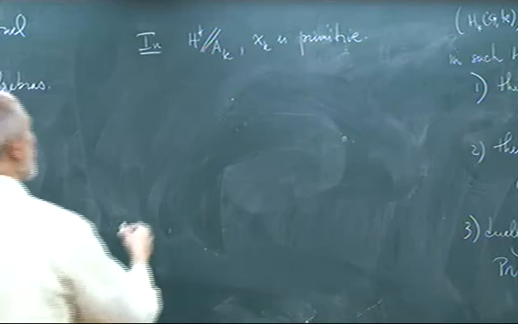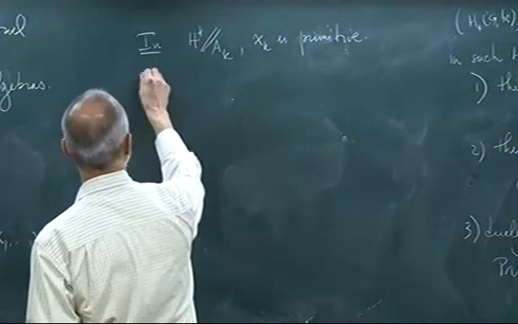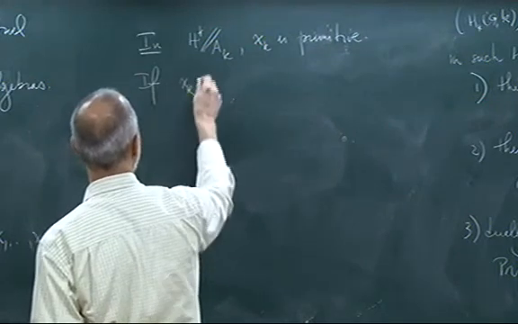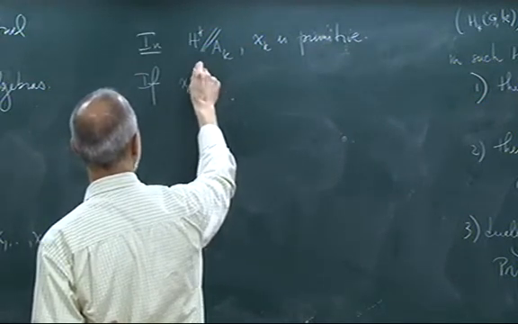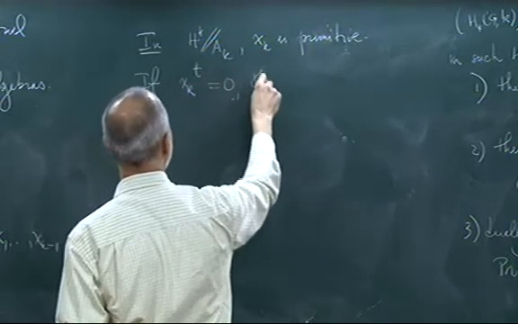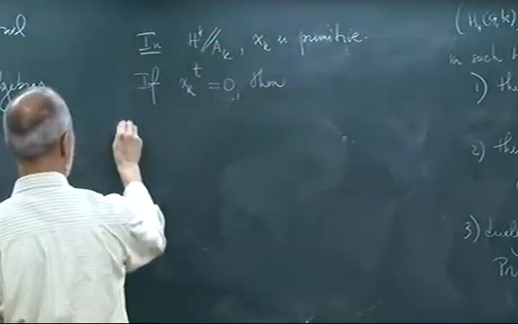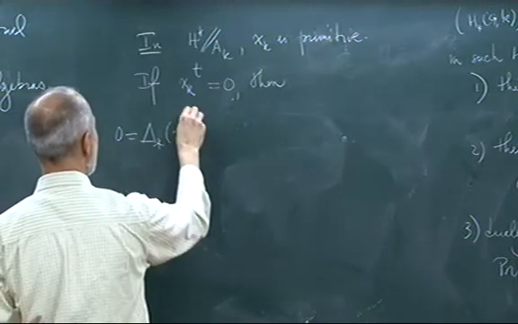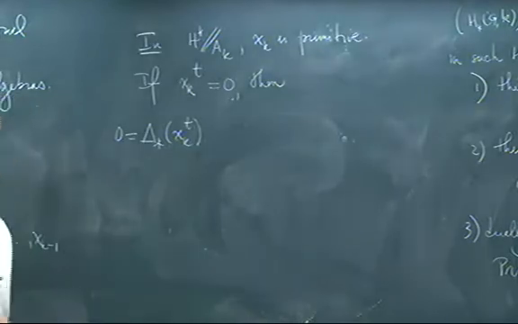Now, if x_k raised to some power t is 0, then, well, 0 will be what you get when you apply the coproduct to 0.